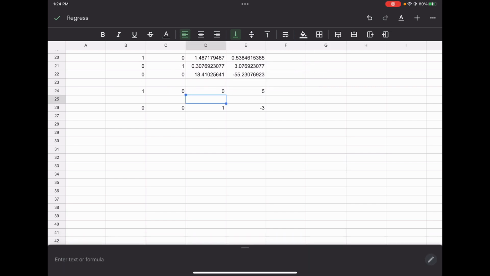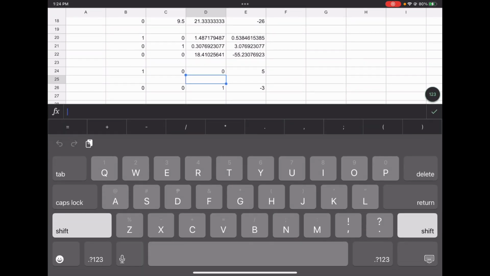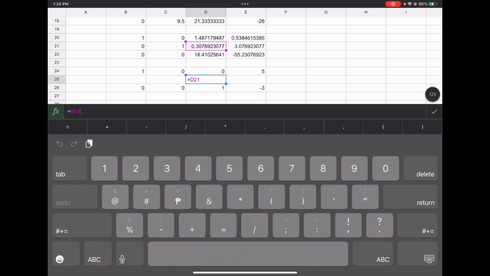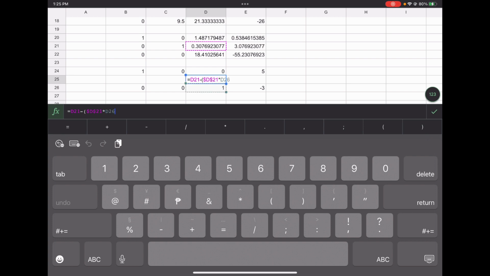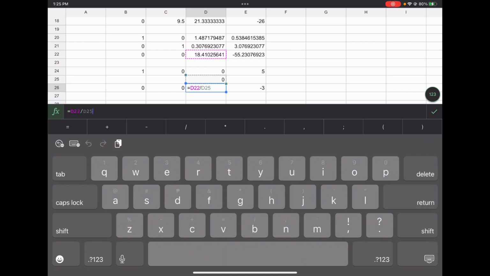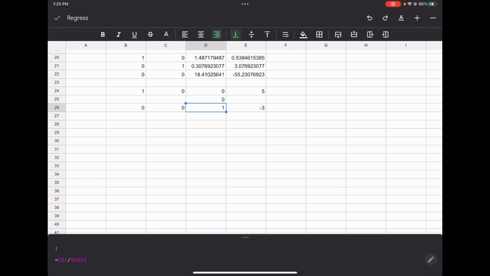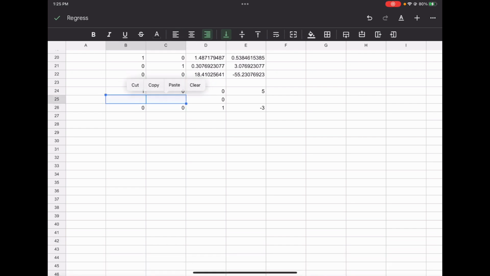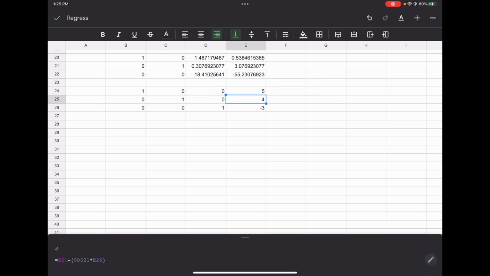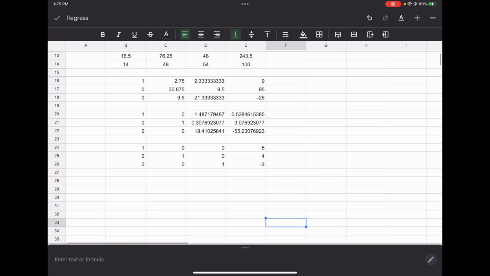And finally, and there we have it. Okay, so 5 will serve as our a sub 0.